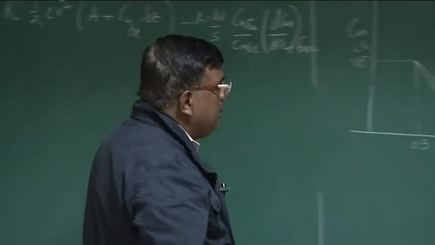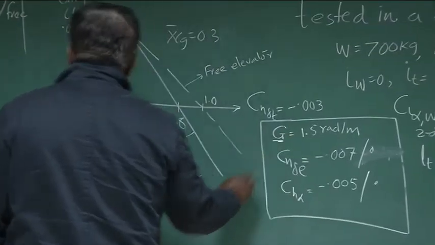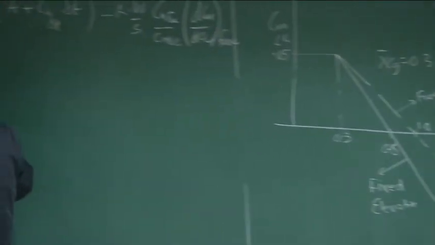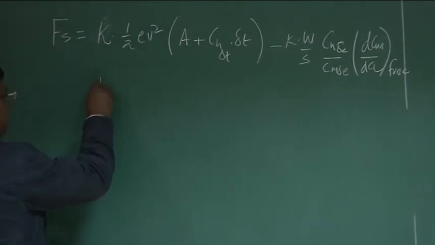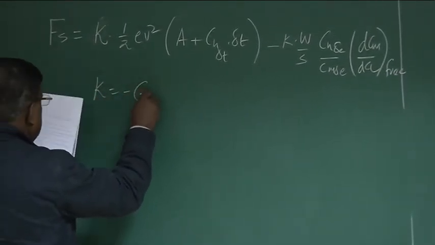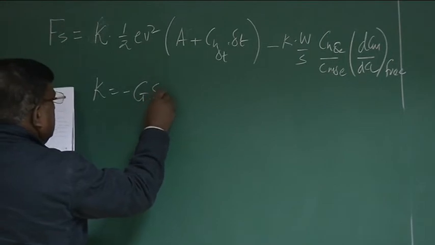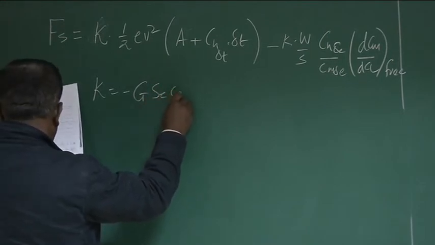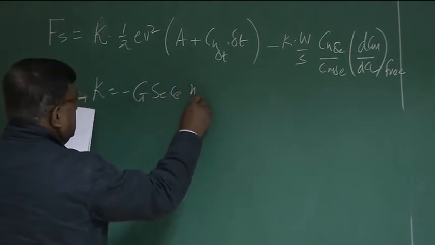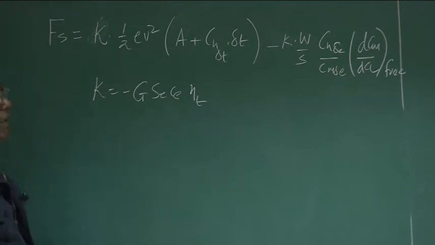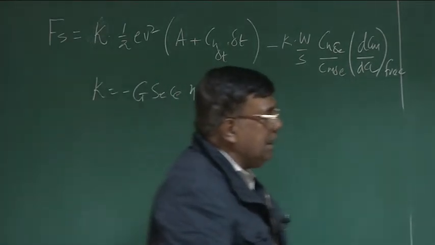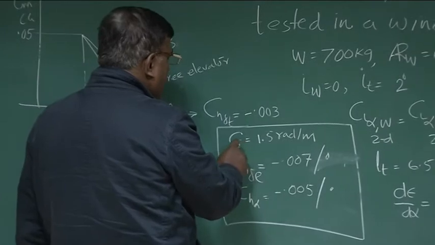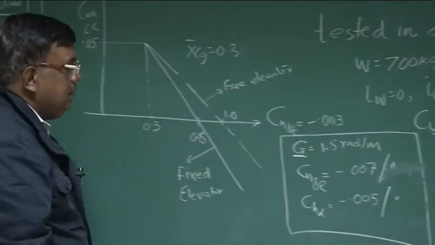Now see, what was G here? G is hiding where in this expression? If you remember, the K was given as minus G AC CE neta T. What was G? G is the gearing constant, and that is exactly the G we're talking about, 1.5 radian per meter.